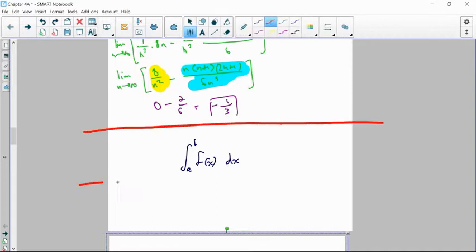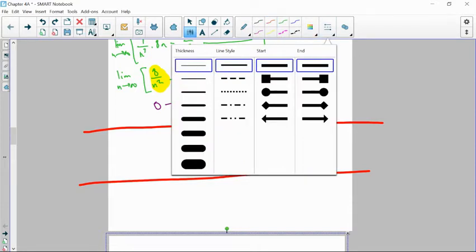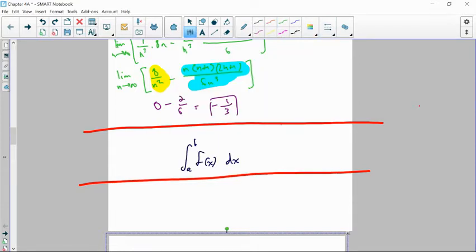And so that's this symbol right here. This is an integral symbol, and it'll have a lower bound and an upper bound. That integral symbol means find the area under this particular function, under this particular curve. This is what's called the definite integral.